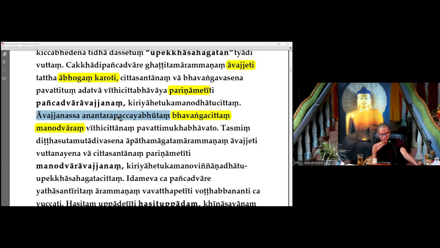Vīthi cittānaṃ pavatti mukha bhāvato. Do means because of. Bhāva is the state of being. Mukha is the cause of pavatti, arising.